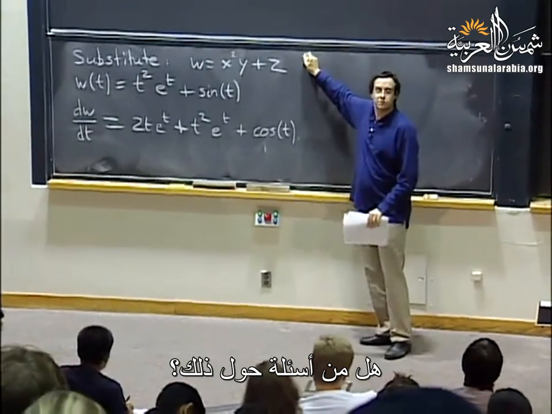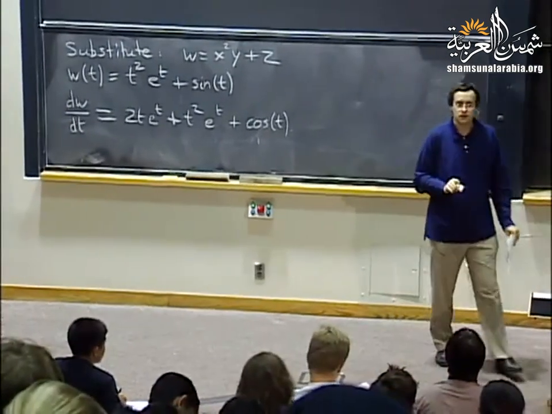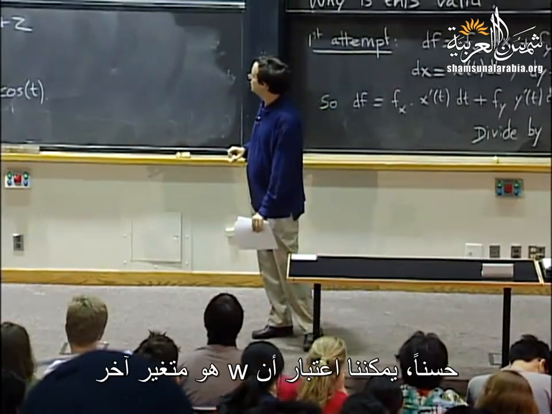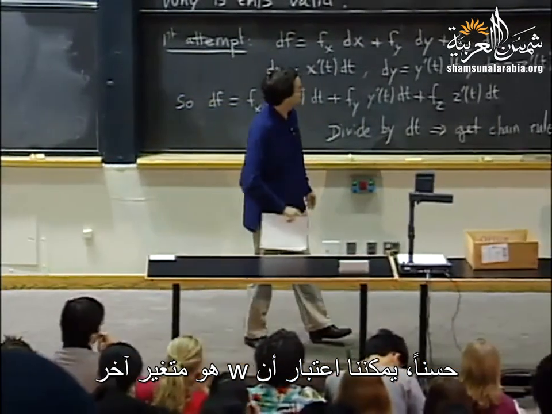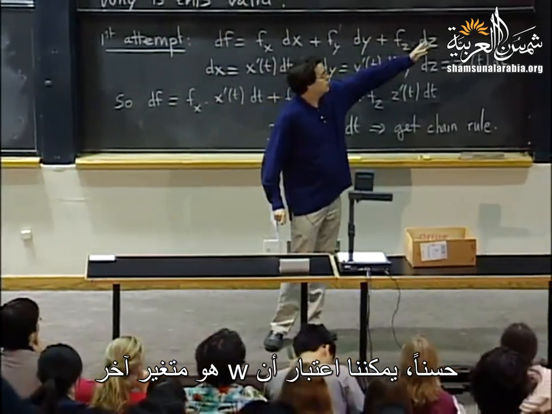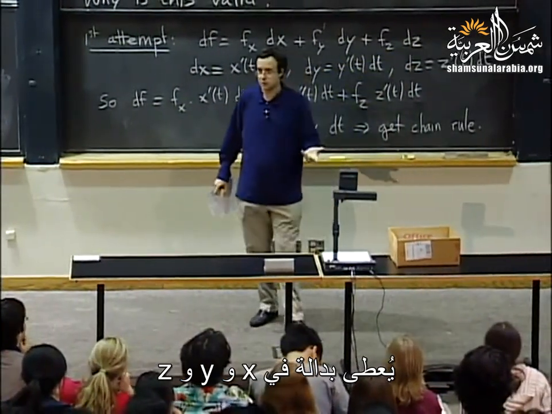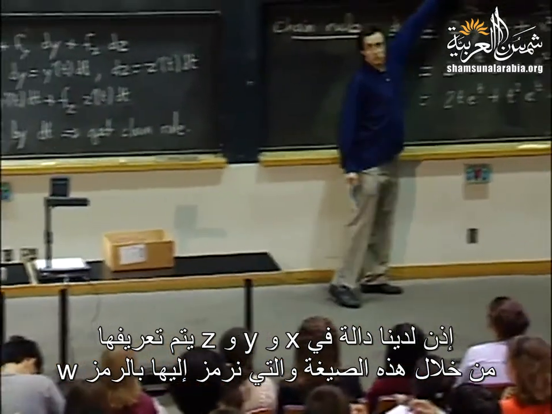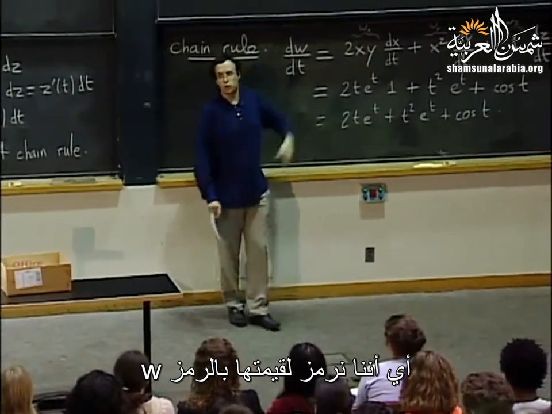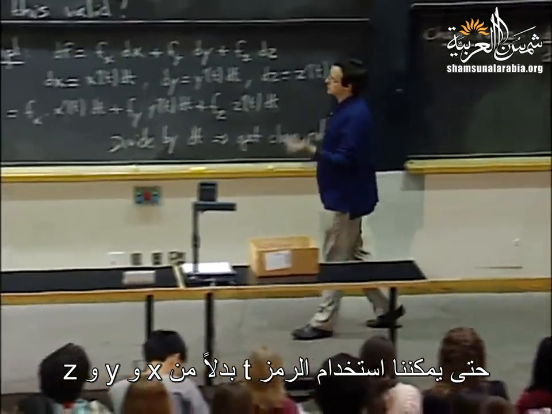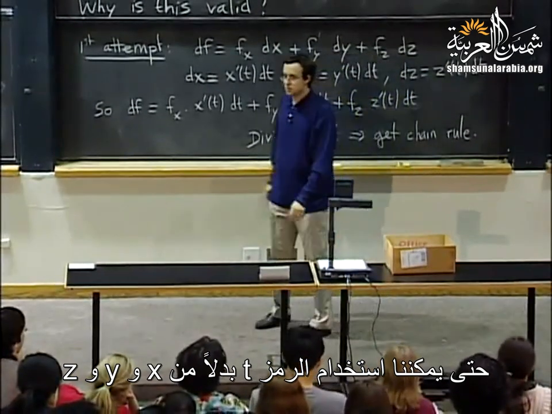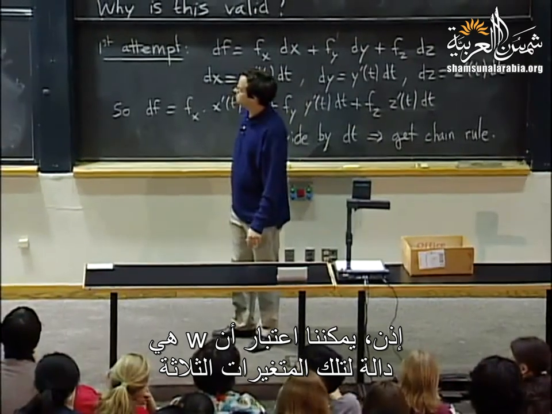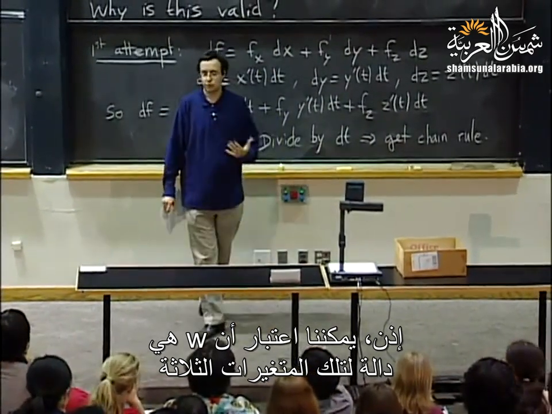Any questions about that? Yes? What kind of object is W? Well, you can think of W as just another variable that's given as a function of x, y, and z. So you have a function of x, y, z defined by this formula, and I call its value W, so that I can substitute t instead of x, y, z. Think of W as a function of three variables.